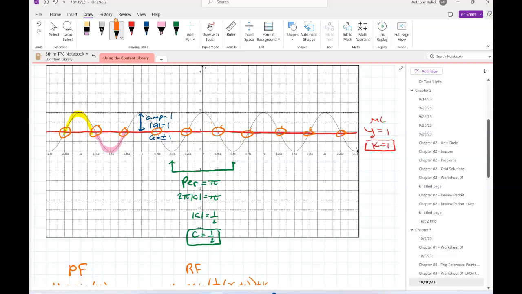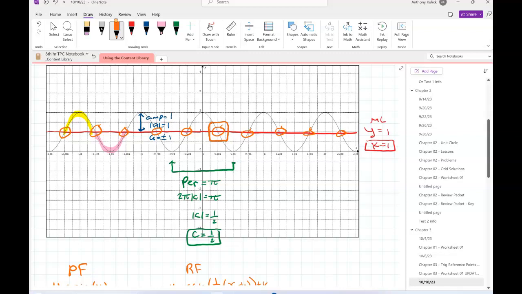If it's me, I would pick this one here because it has the smallest positive x-coordinate. Basically, the smaller the number feels easier to me. I'd rather deal with a positive than a negative because there's a negative sign to get in the way of dropping it or something and making a silly mistake. But it doesn't really matter. Any of those midline points that I circled would be fine.